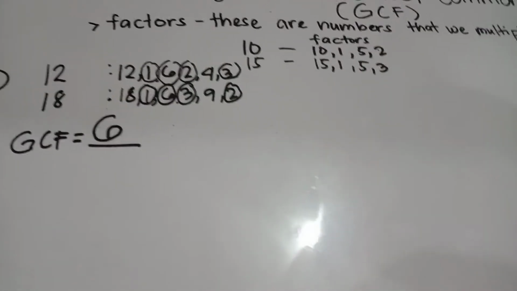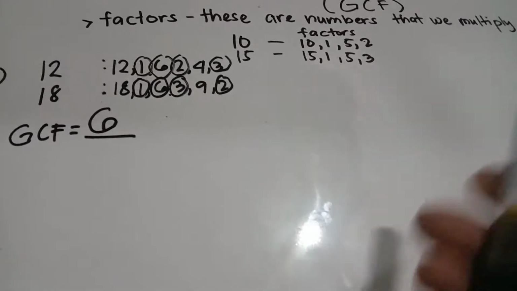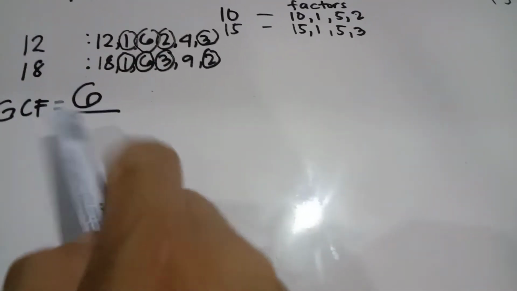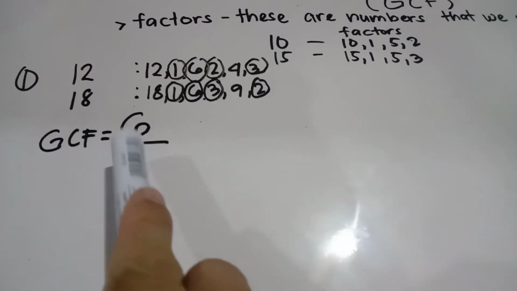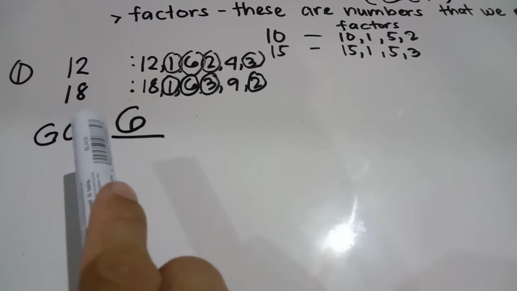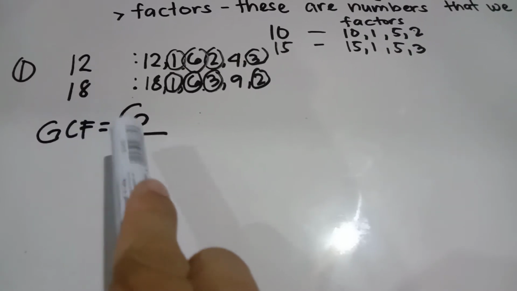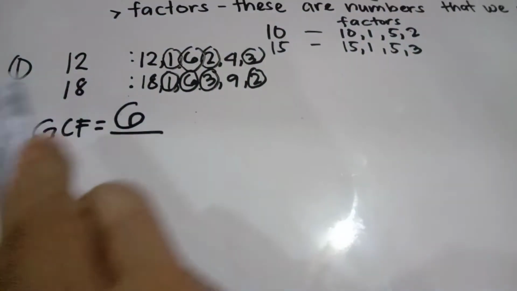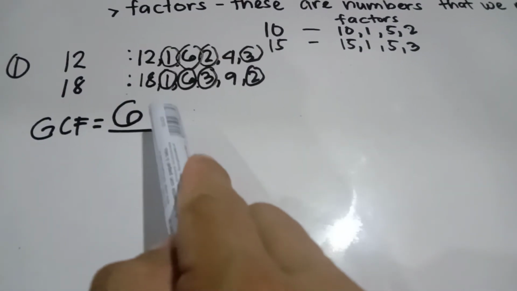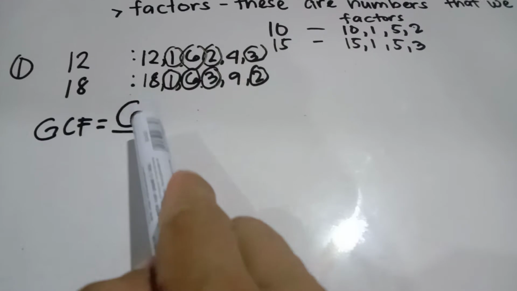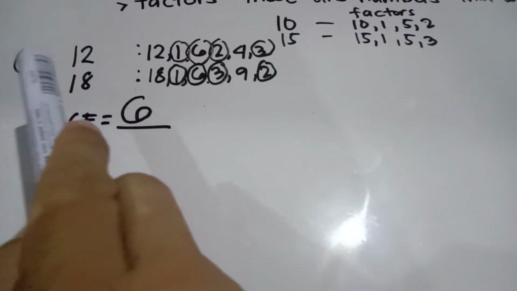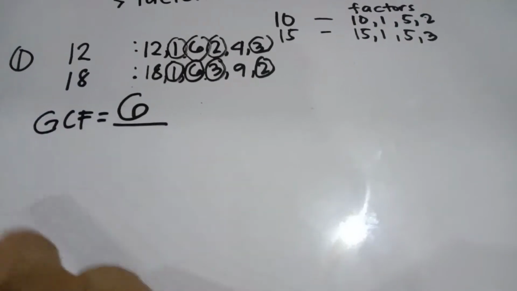Okay. So, try to check. Look at our answer. Look at the GCF, 6. Maaari pong i-divide itong 12 and 18 sa 6. Ito yung pinakamalaking number, the greatest number na maaaring i-divide si 12 and 18.